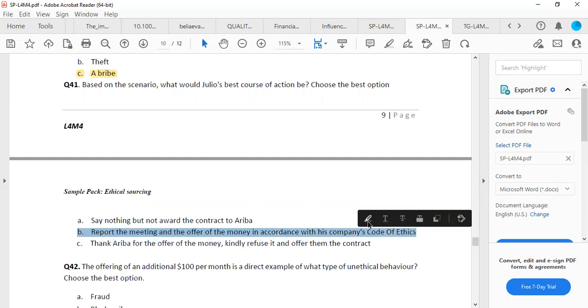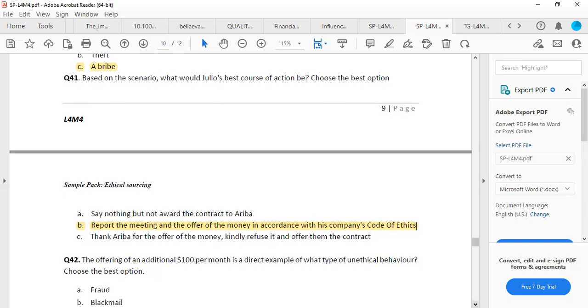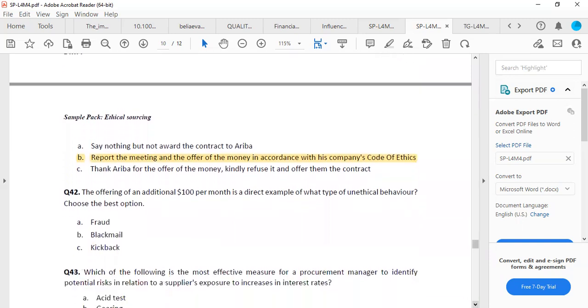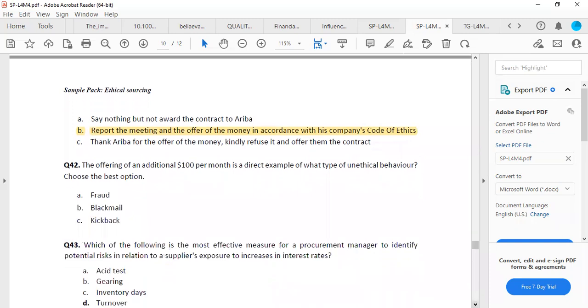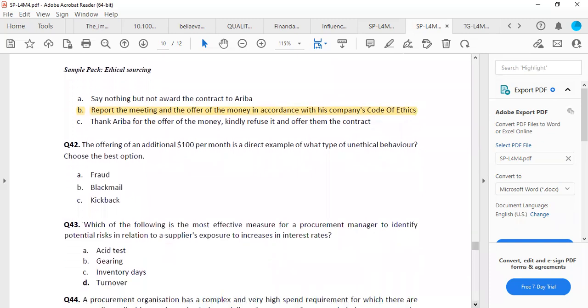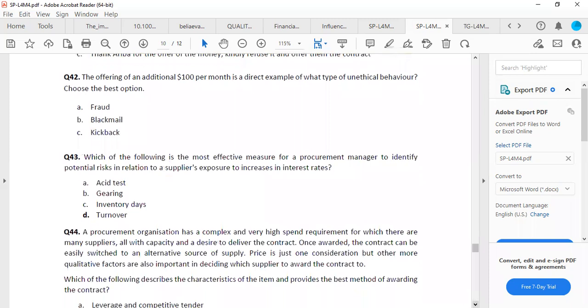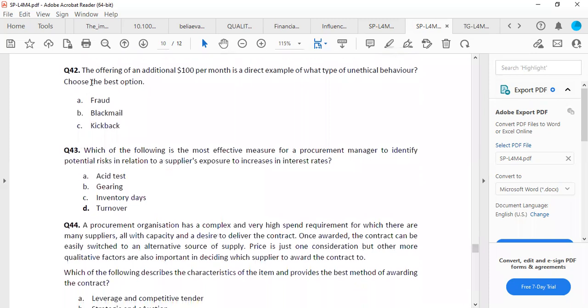Thank Ariba for the offer of the money, kindly refuse it and offer them the contract. So report the meeting and the offer of money in accordance with his company's code of ethics, because there's a conflict of interest situation.